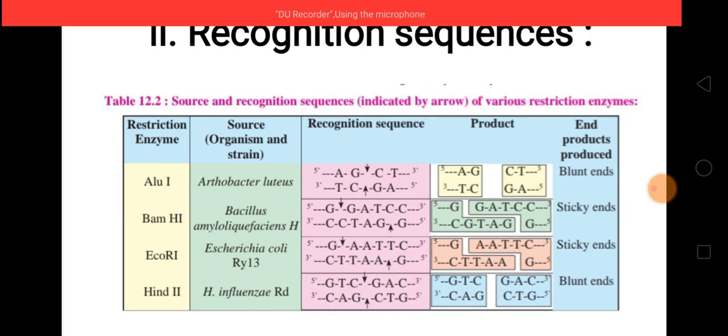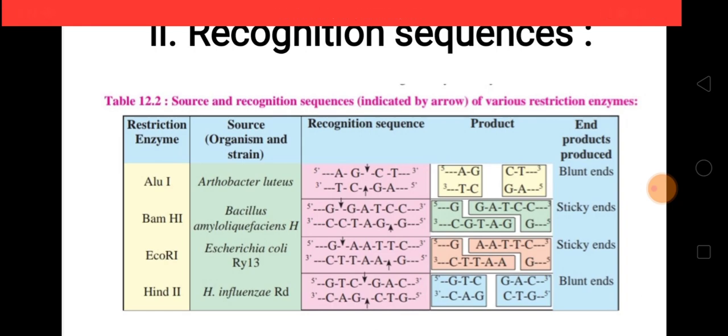The first enzyme is AluI. It is isolated from Arthrobacter luteus, and the recognized sequence is cut between the guanine and cytosine nitrogen bases, and the end product is a blunt end.